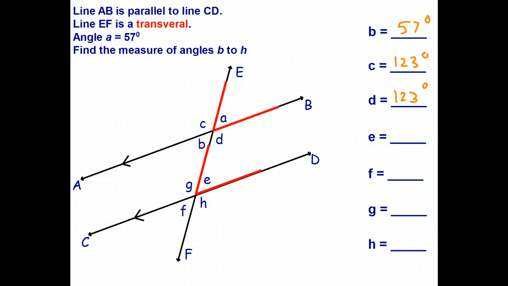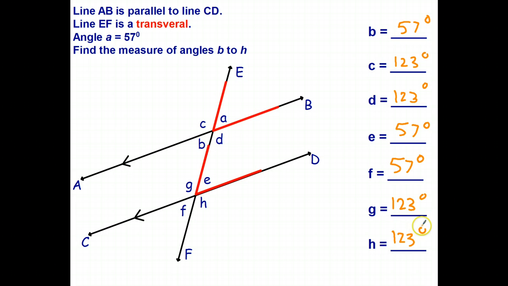So angle E is also 57 degrees. Now if E is 57, F is 57. And similarly, if C is 123, G is 123. And if G is 123, H is 123.